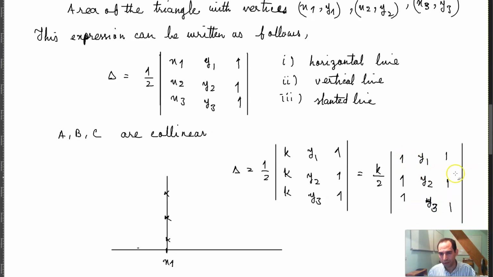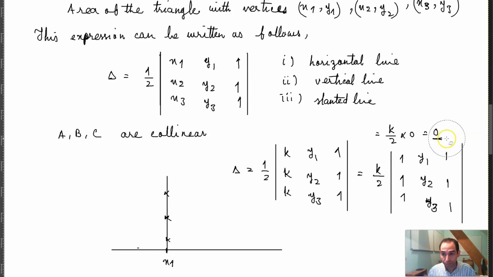And then you can see that these 2 columns are exactly identical. That means that this is equal to k divided by 2 times 0, which is equal to 0. Which means that 3 points on a vertical line would correspond to a triangle with area 0, right?